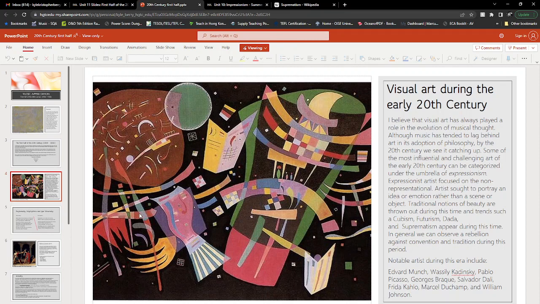What I like about especially this painting that we're looking at in front of us is it still contains many of the ideas that art from hundreds of years before has. We still have color, we still have lines, we even have shading. We have objects interacting with each other. We have foreground and background.